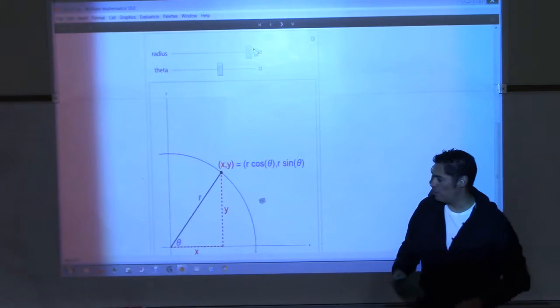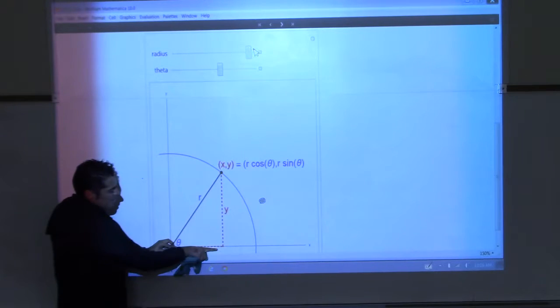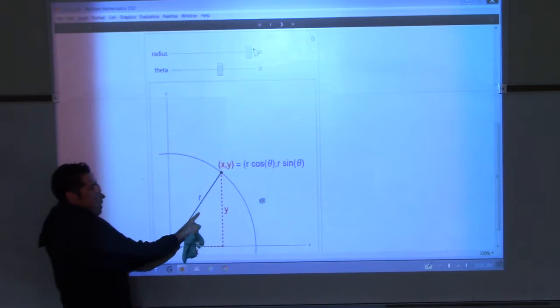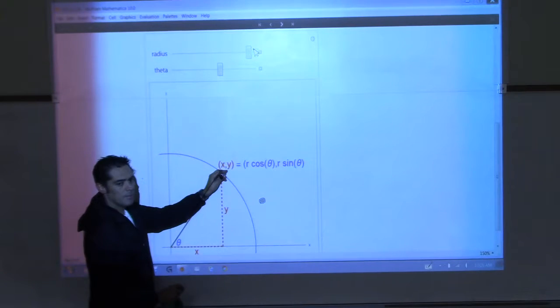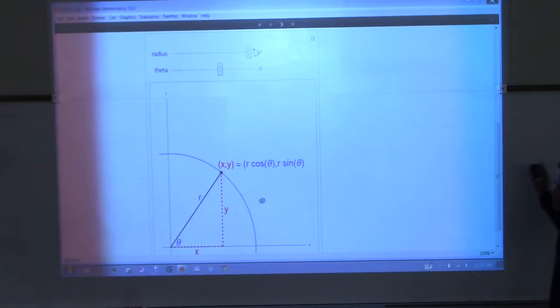The other approach would be stand at the origin and look out the x-axis, and then I tell you how much to rotate by and then how far to walk out. That's the kind of visualization I want you to use. Does that make sense?